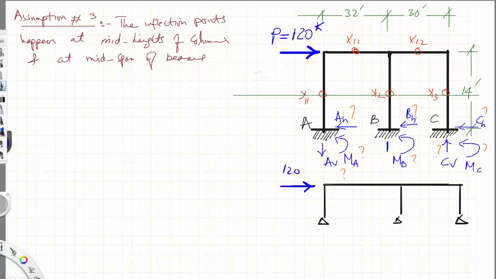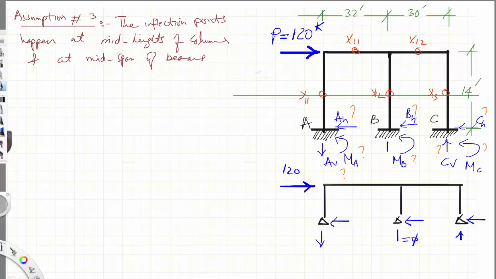This is H, and this is 2H, and this is H. Of course I have also forces in this direction. This is equal to 0. This will be exactly like this.